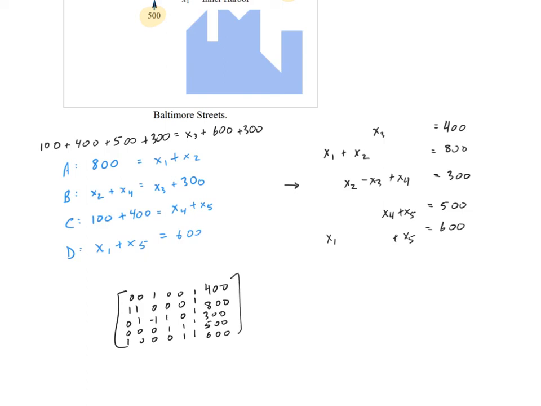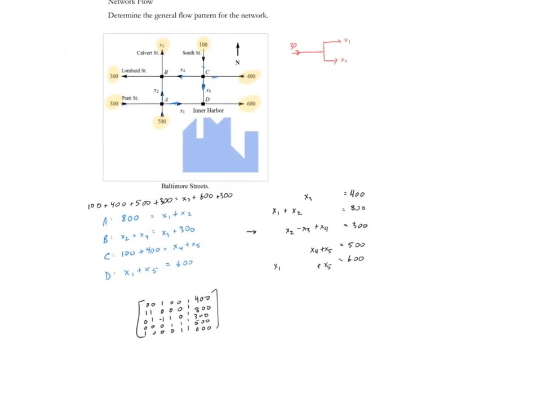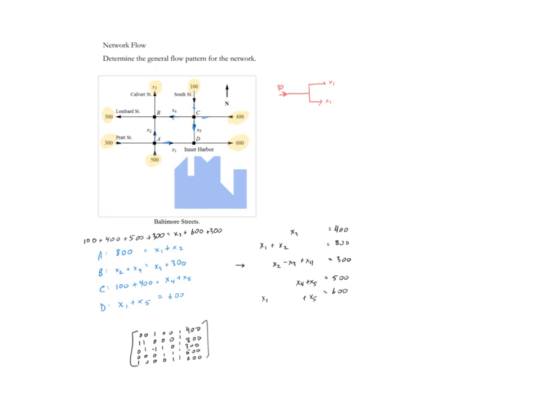So now we have our augmented matrix, which we can put in reduced row echelon form and come up with a solution, right? And the solution is the general flow pattern for the network.